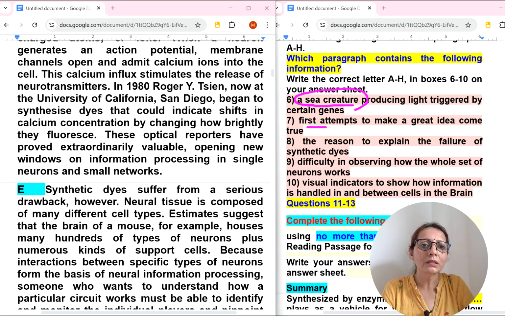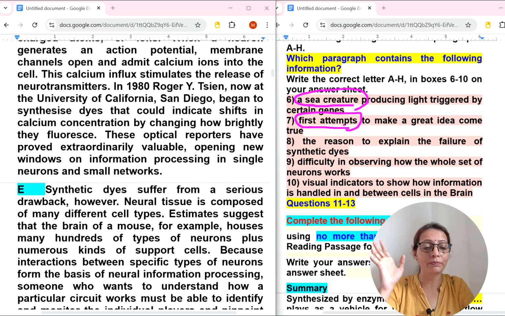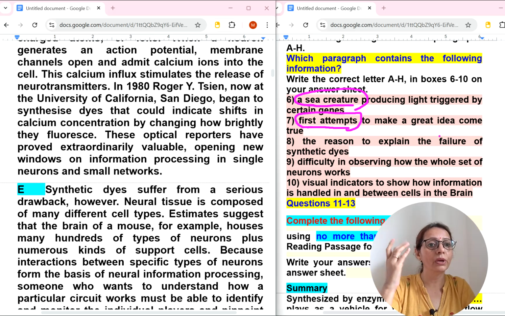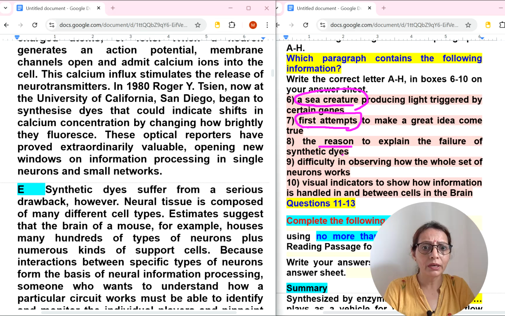First attempts to make a great idea come true. First attempt means in earlier times some attempts were made to make a great idea. The reason to explain the failure of synthetic dyes. I think in an upper paragraph they were talking about drawbacks, and some reasons may be there. Failure of synthetic dyes, and the reason will be explained. Difficulty in absorbing. Why am I reading all options?